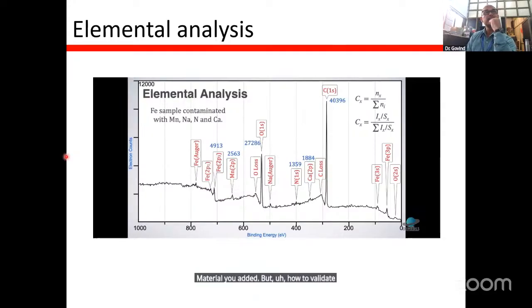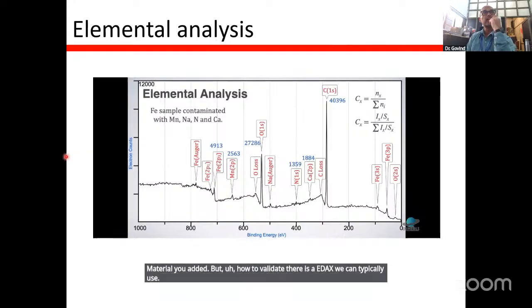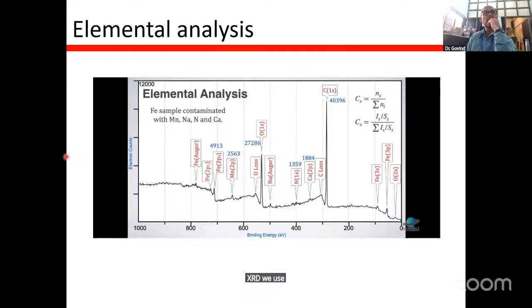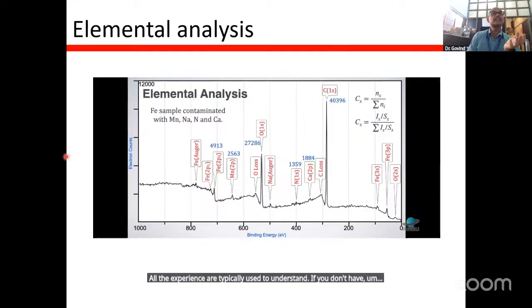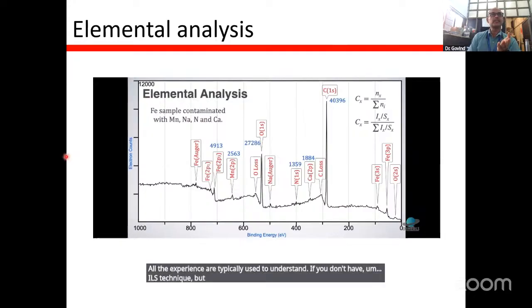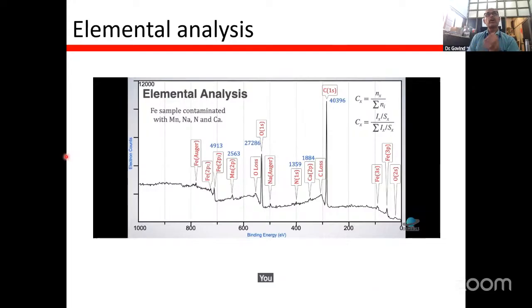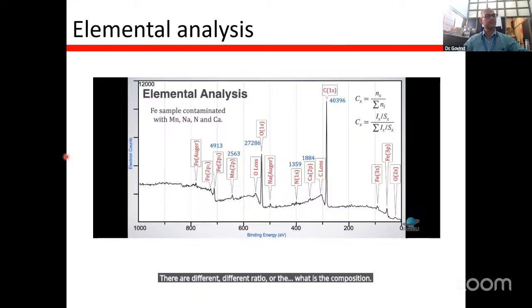There is EDAX we can typically use, XRD we use, but in terms of quantification, EDAX, EELS, or XPS are typically used. If you don't have the EELS technique, but you have XPS, you can quantify or verify with your EDAX data the different ratios or what the composition is.